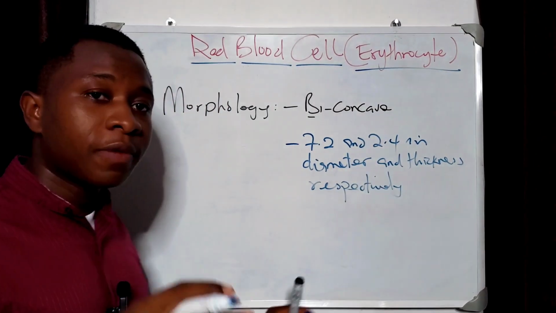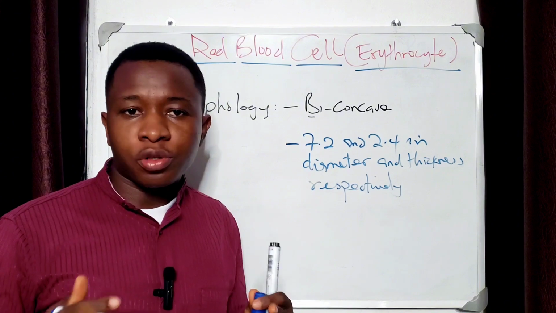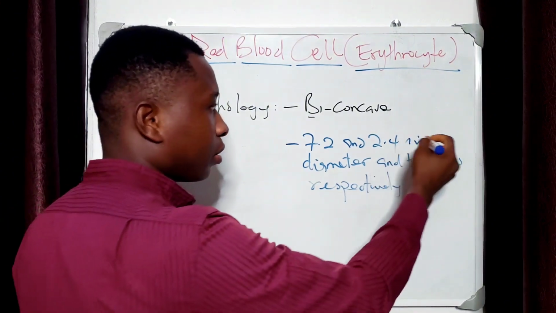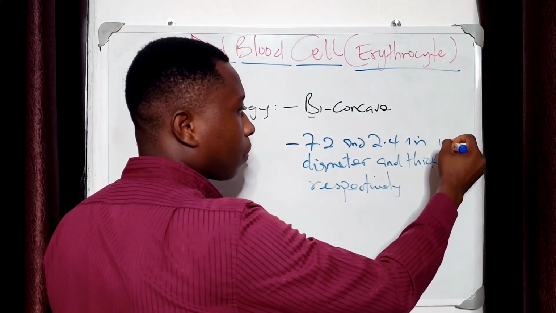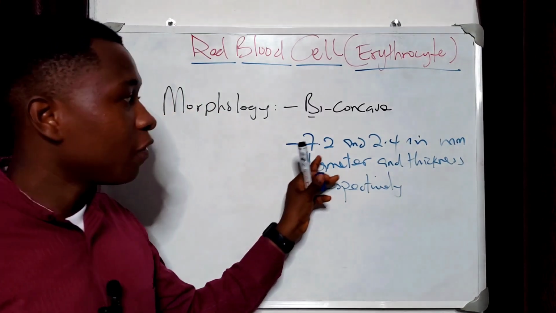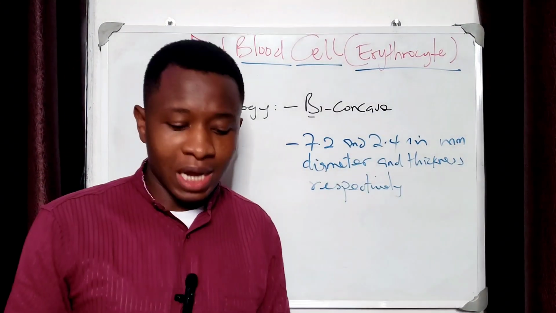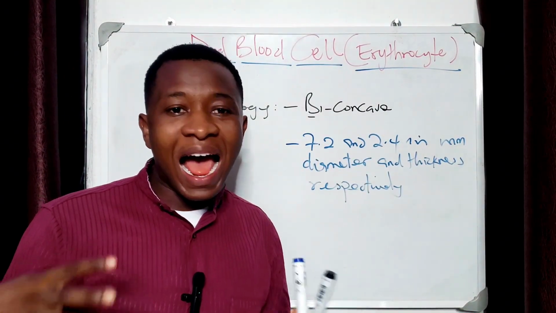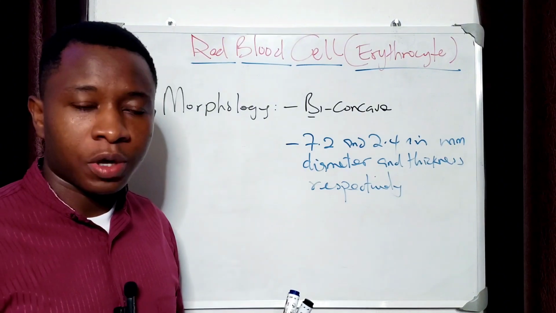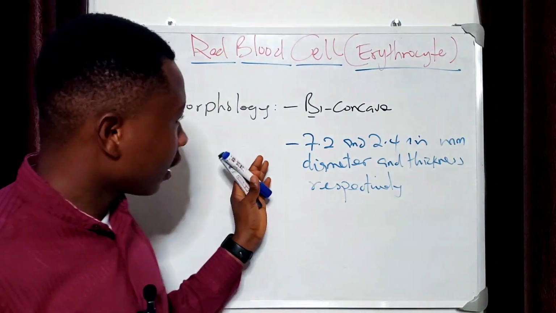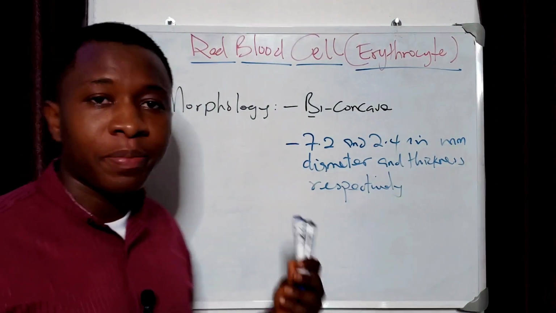So in diameter, it's around 7.2 micrometers. Okay, so about 7.2 to 2.4 micrometers in diameter and thickness. Okay, that is the second feature of the red blood cell.